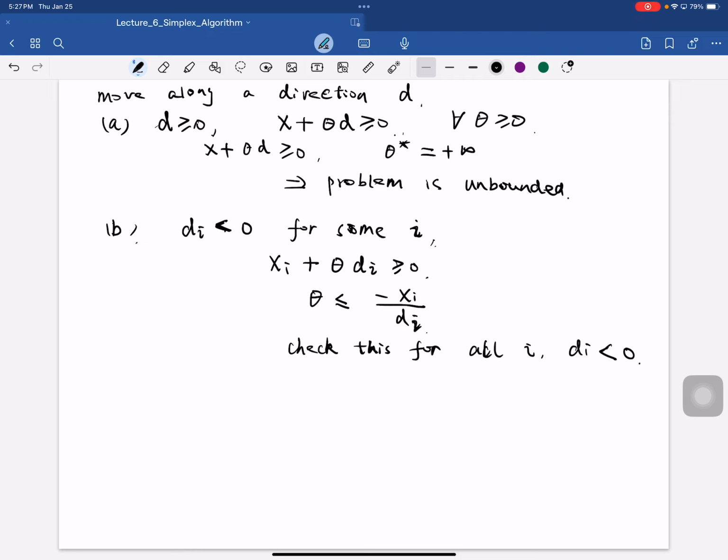As you can imagine, once you check those step sizes for all the Di, you can pick the minimum step, because when you go over the step size for any of the components, you will go outside the polyhedron. So in other words, theta star here will be equal to the minimum over the indices i such that Di is strictly less than 0.